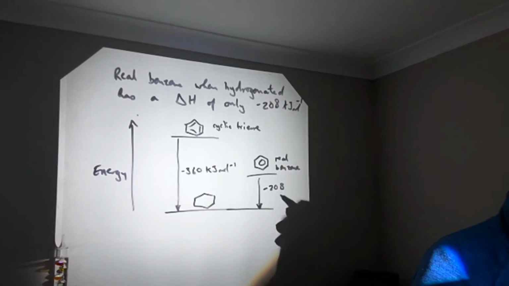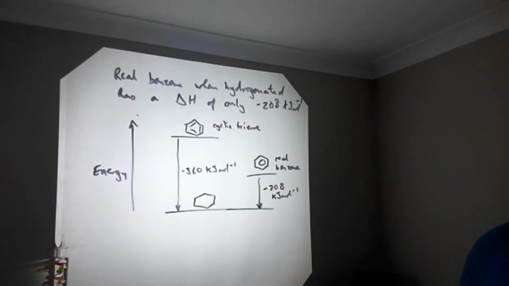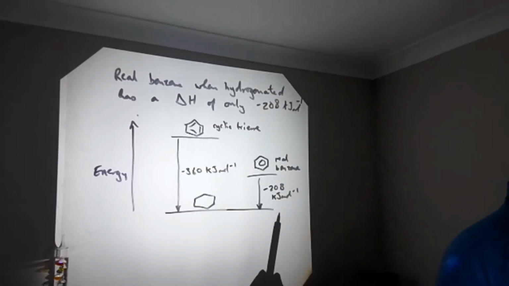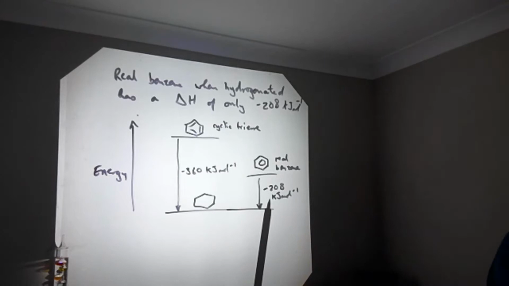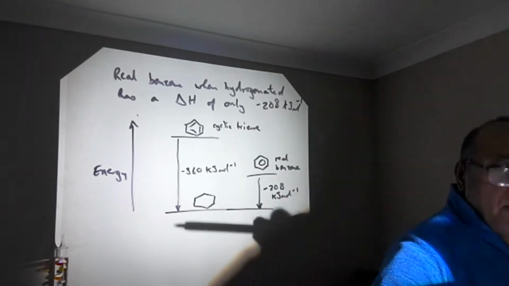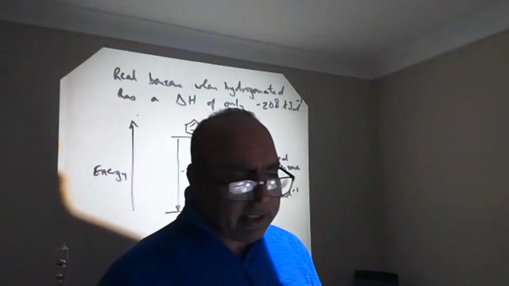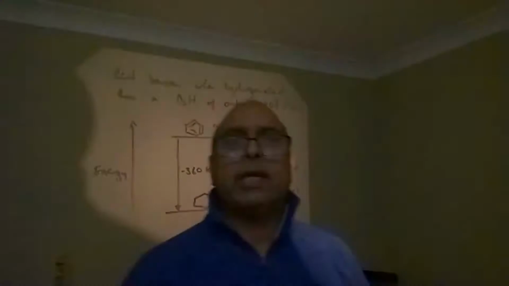And you can see there, not only that the values are different, minus 208 kilojoules per mole, but you can see that if this is a smaller value, then the real benzene is, in terms of energy, more stable. Now, it's one of the great things of chemistry, talking about stabilities. And when things are more stable, they're lower in energy.